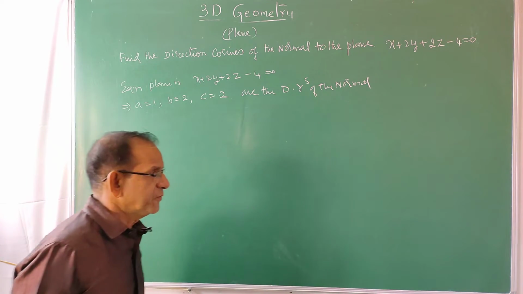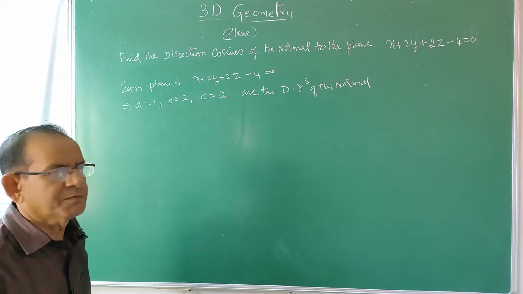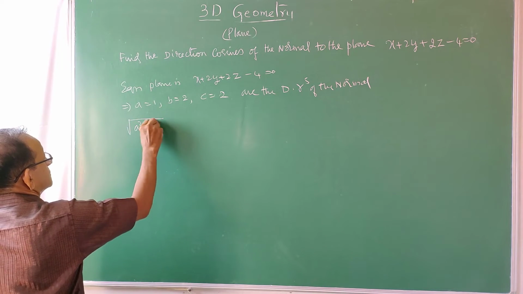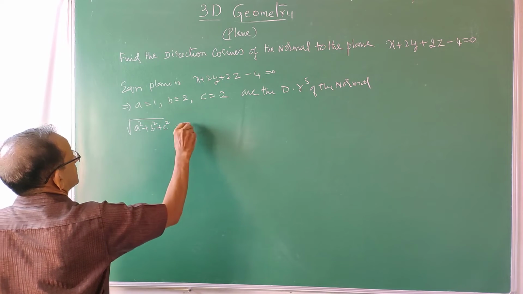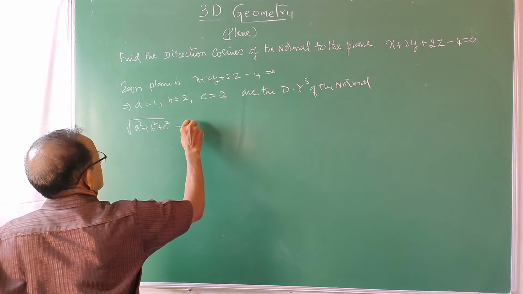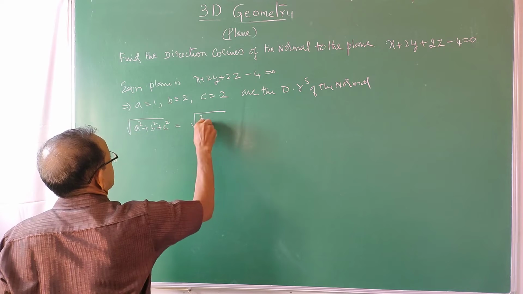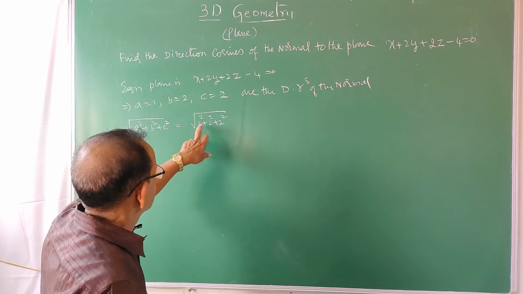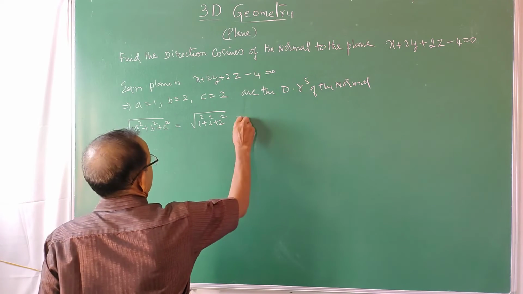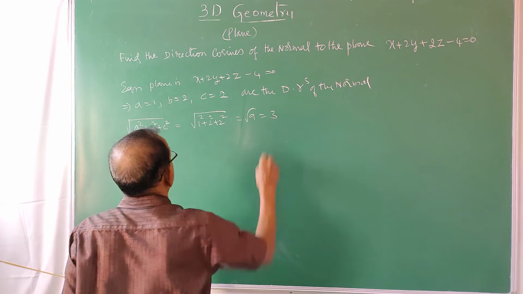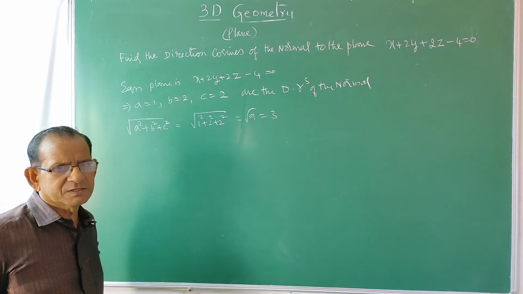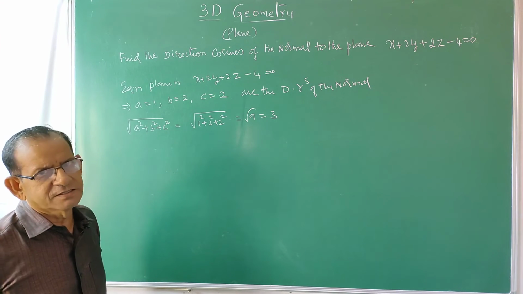Now we have to find out root of a square plus b square plus c square, equal to root of 1 square plus 2 square plus 2 square. 1 plus 4 plus 4, that is 9, equal to 3. If you divide the 3 DRs by this root of a square plus b square plus c square, you will get the DCs.